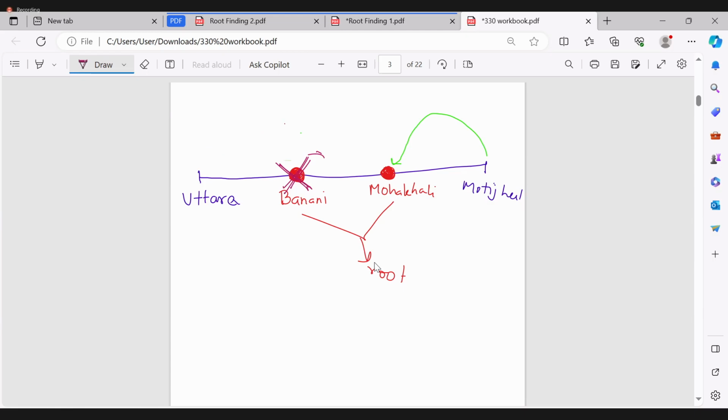However, if you start from Uttara, you can go to Mohakhali. This is another route of yours. That means if some routes are blocked for you, you can never reach them. That's the main point. If all the routes are open for you, then you will reach whatever is closer to you. And if all of the routes are closed or blocked for you, that means you are never going to reach any routes.